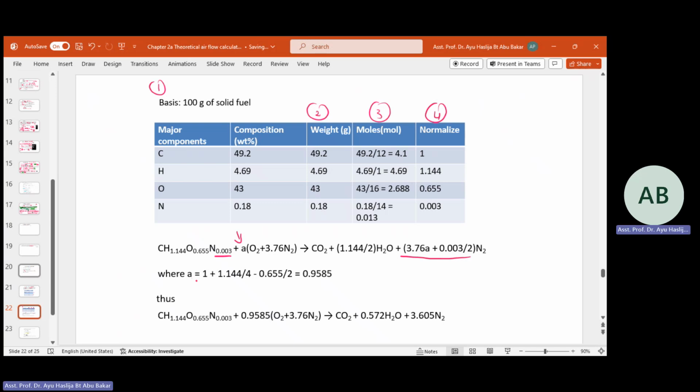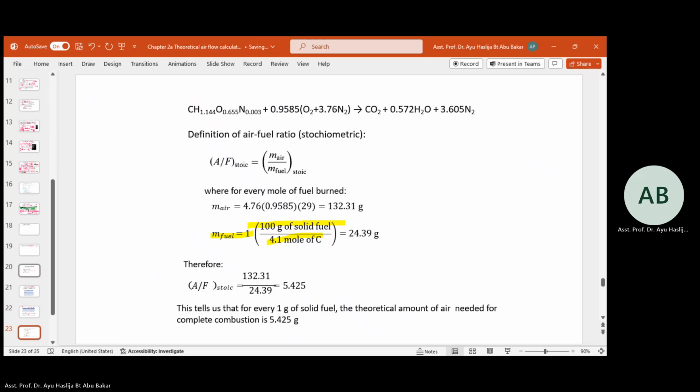Okay, so now because we have N as well, this is the A. Now this is the general combustion equation for this fuel. Okay, up to there, can? Now the question asks you to find the air fuel ratio. So we got A earlier. A is here.